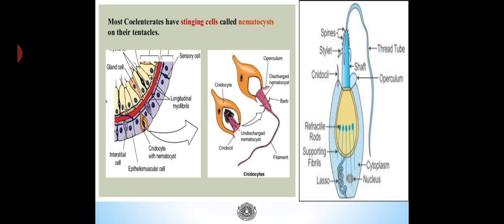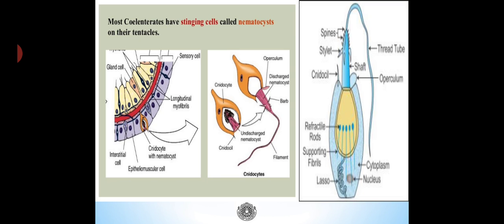The enlarged view is shown in the next one, where you see the presence of the cnidocyte, and at the free end of which there are spiny projections, called cnidocil. When these are released at the time of capturing prey, the discharged nematocysts contain still smaller spiny projections called barbs and a projection called filament, which enters into the body of the victim or prey and releases that fluid called hypnotoxin, due to which the prey becomes inactive or paralyzed.